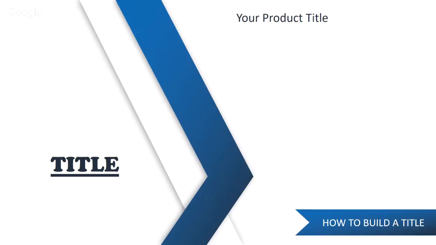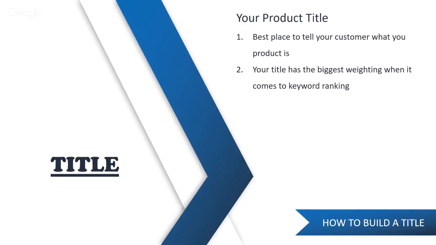So let's have a look at the title and see what makes up a good title. This is the best place to tell your customer what the product is. Your title has the biggest weighting when it comes to keyword ranking. I talked about indexing last time around. Indexing and ranking are totally different, because you need to rank.